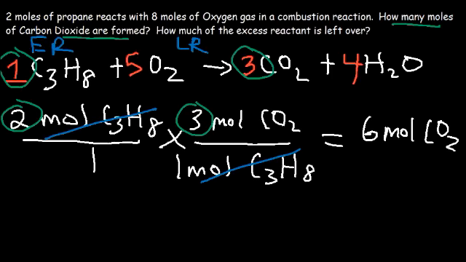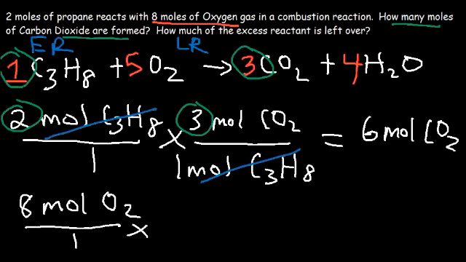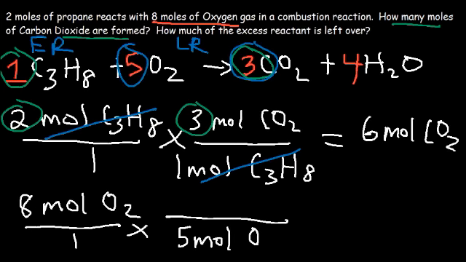So now let's see how many moles of CO2 we can get if all of the 8 moles of oxygen gas reacts. Let's start with 8 moles of O2 over 1, and let's use the molar ratio to convert it to CO2. So the molar ratio this time is 5 to 3. So for every 5 moles of O2 that reacts, 3 moles of CO2 are produced.